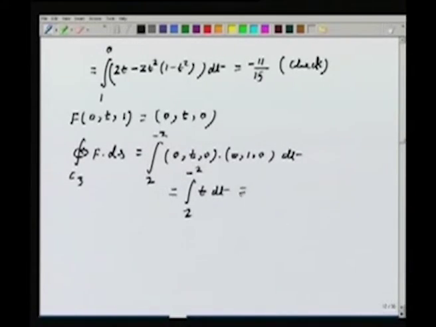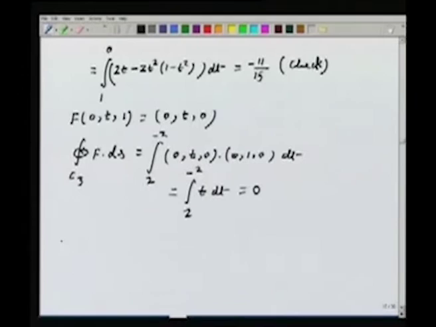So this integral certainly is 0. You can also calculate it, it is t square by 2. So half comes out. So 2 to minus 2 of t square, which is 4 minus 4, that is 0. So C1 does not contribute anything, I got 0. C3 does not contribute anything, I got 0. Only the integral over C2 came out to be minus 11 by 15. Now I have to calculate what is f of C4.